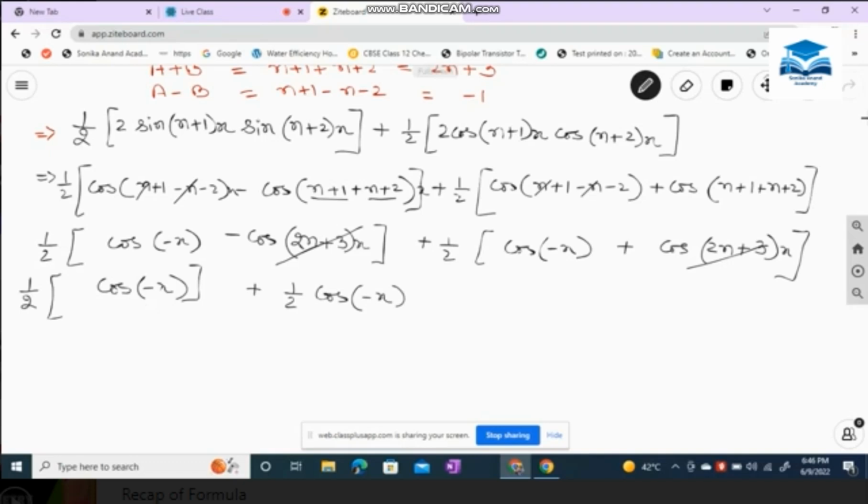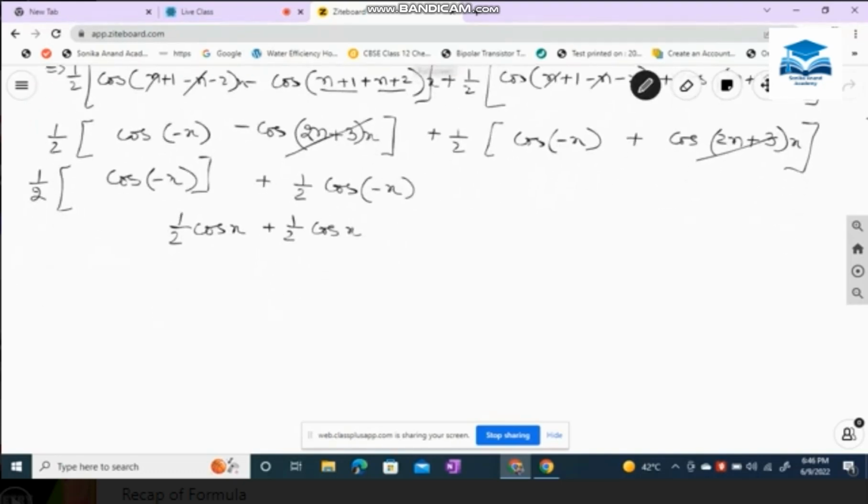Now we know that the value of cos minus x is equal to cos x. So we have half of cos x plus half of cos x, which is equal to simply cos x.